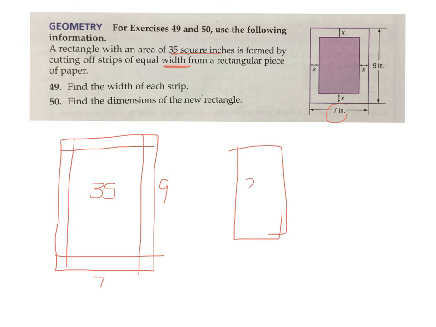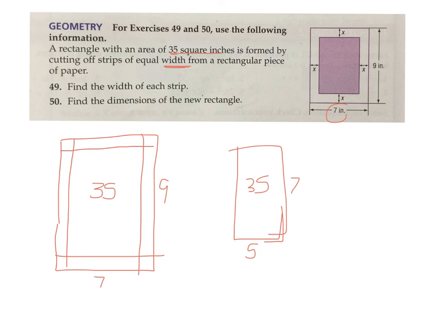If it has an area of 35, then you're probably going to guess 5 times 7 equals 35, so the new one will be 5 inches by 7 inches, which is going to be right, but you're going to have to do the algebra for this problem to earn any credit. You're going to come up with an equation and show how to solve the equation to get credit.